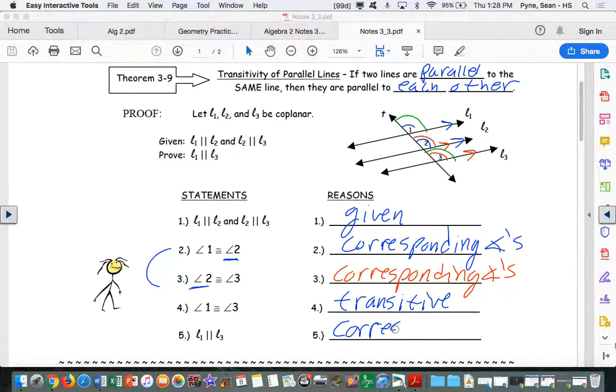But remember, if we go from knowing angles are congruent to lines being parallel, it's going to be blank converse. If we know from knowing angles are congruent or adding up to equal 180, then it's going to be something blank converse. Okay? Questions? All right. All we're doing is proving that this is true.